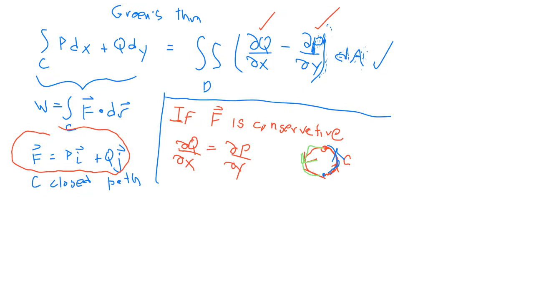And given this criteria here, that the partial derivative of q with respect to x equals the partial derivative of p with respect to y, in a conservative vector field, in Green's theorem, what would your integrand equal? Here's the integrand right here.